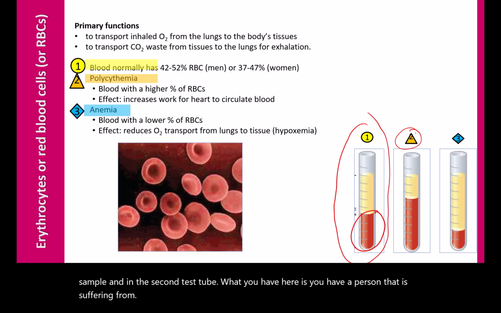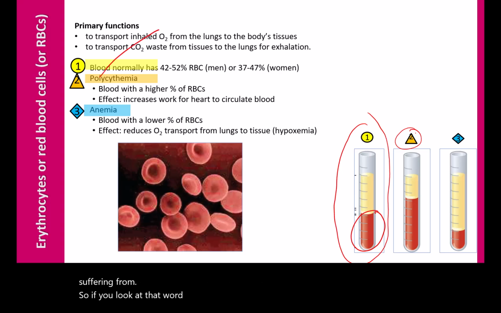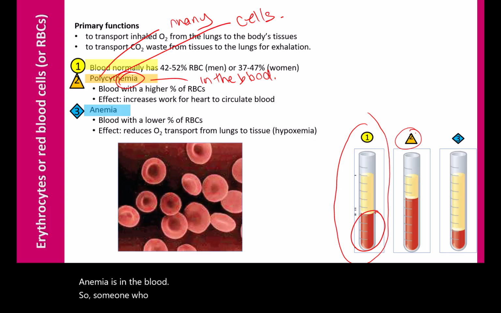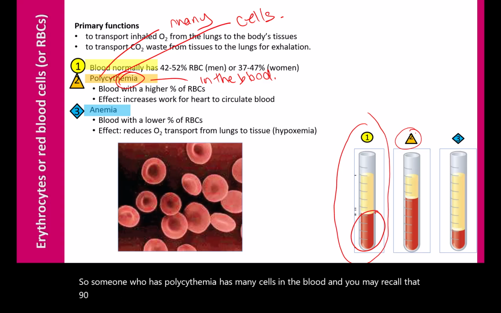polycythemia. So if you look at that word polycythemia, poly means many, cyte refers to cells, and emia is in the blood. So someone who has polycythemia has many cells in the blood, and you may recall that 99% of cells in the blood consist of red blood cells.